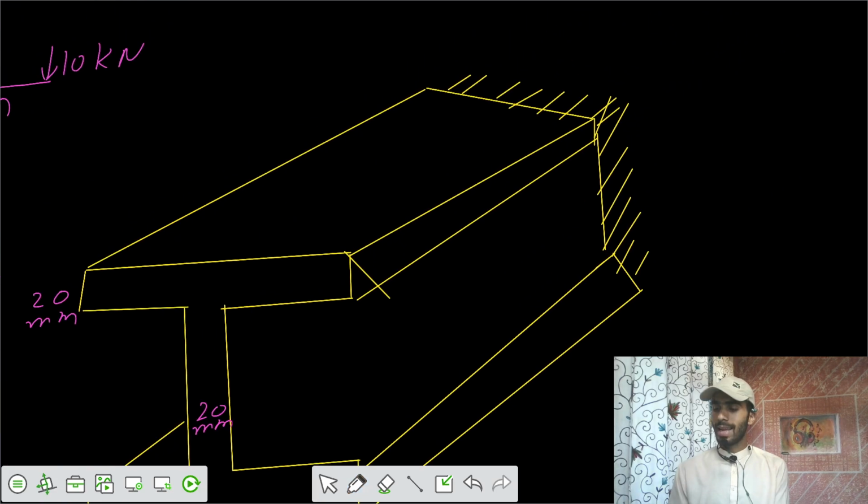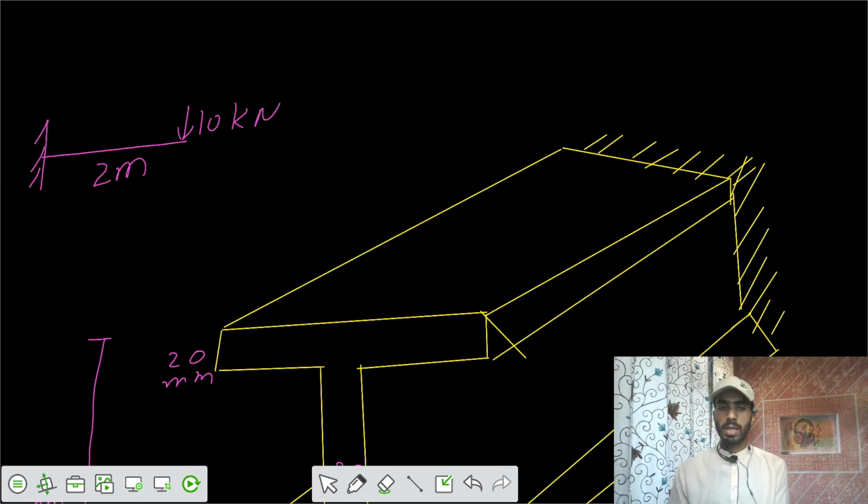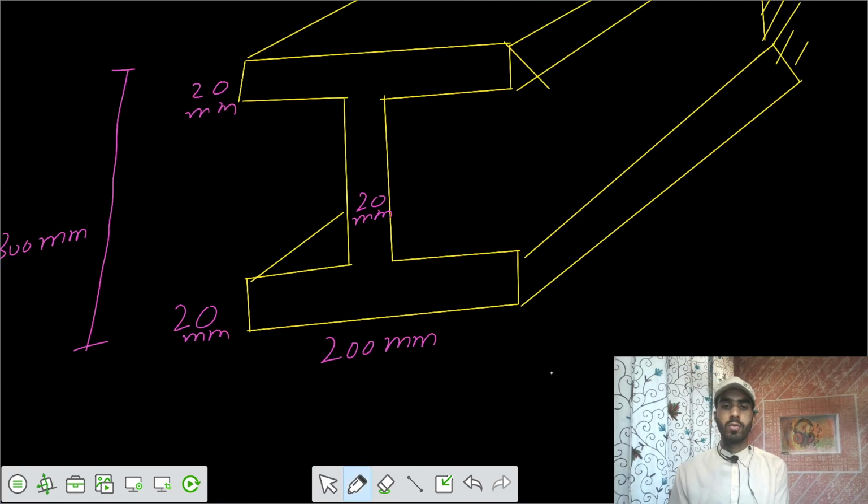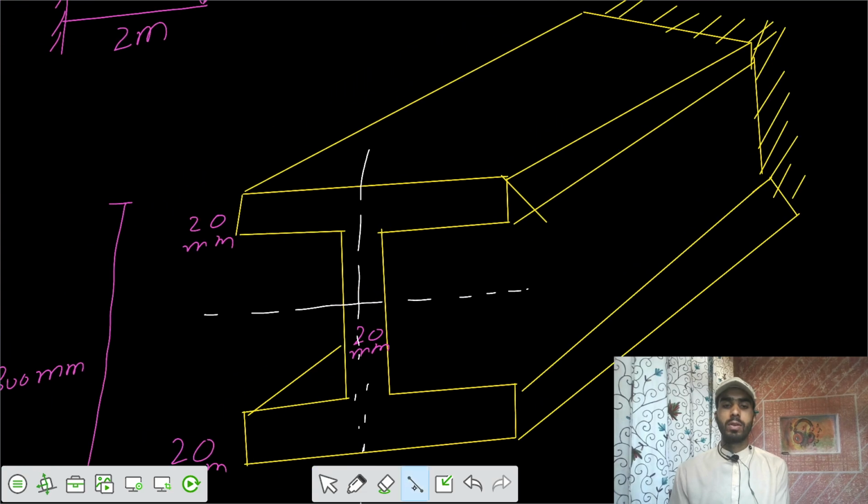Now the loading is not along the principal axis. We know that we have two principal axes. One is along which the product of inertia is 0, and the next one would be perpendicular to that. But the loading is not passing through the principal axis. The loading is such that it's making an angle of 30 degrees with respect to vertical.